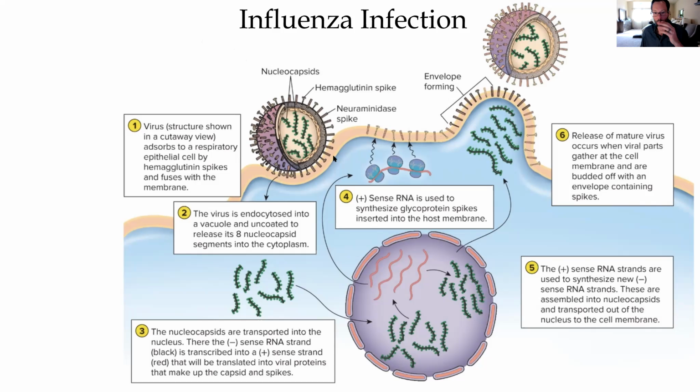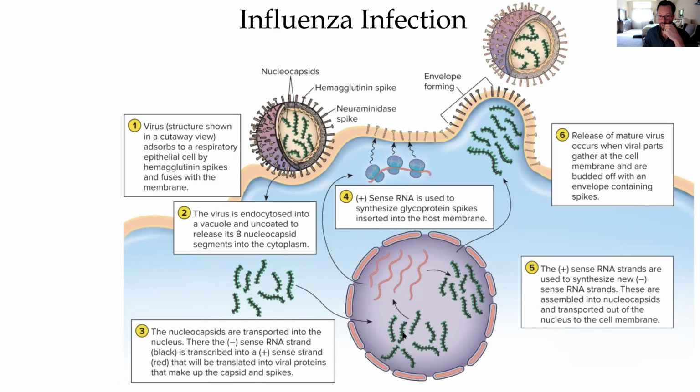Okay. And once they enter, they have an unfolding, right? It opens up and it releases all of these different segments. These segments of single strand RNA are going to go into the nucleus.